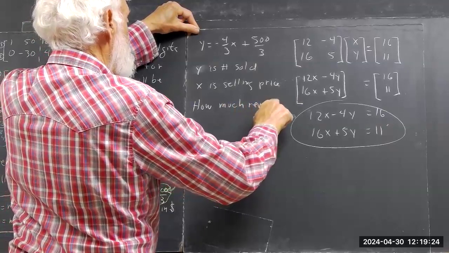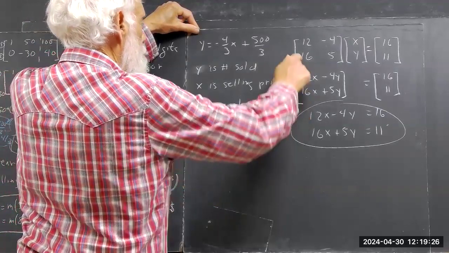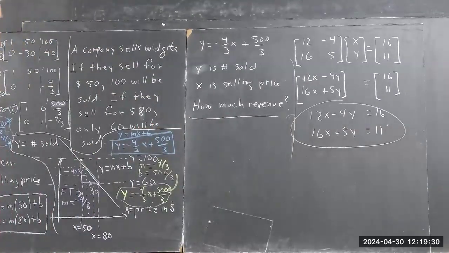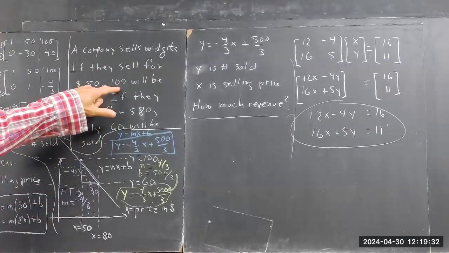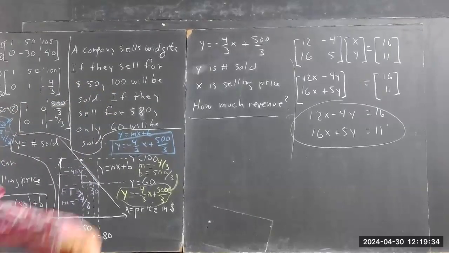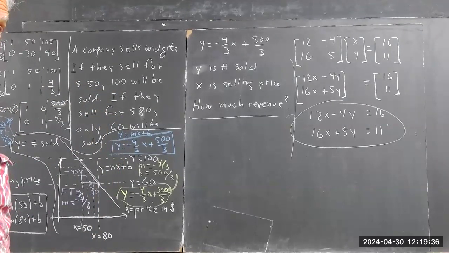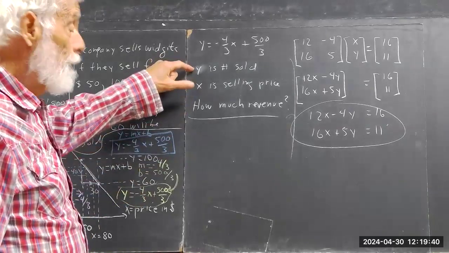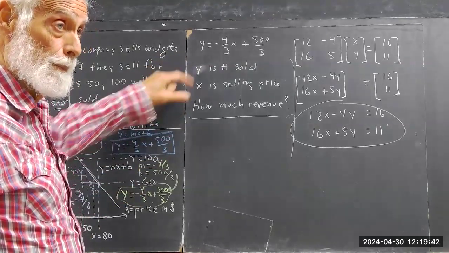How much revenue? Well, if I sell 100 of them for $50, I get $5,000 of revenue, right? I multiply the number I sell by the price that I sell them at.